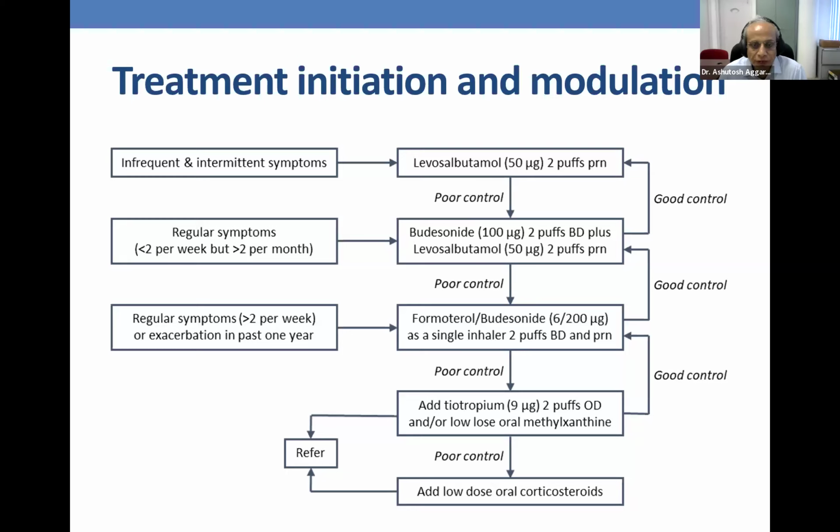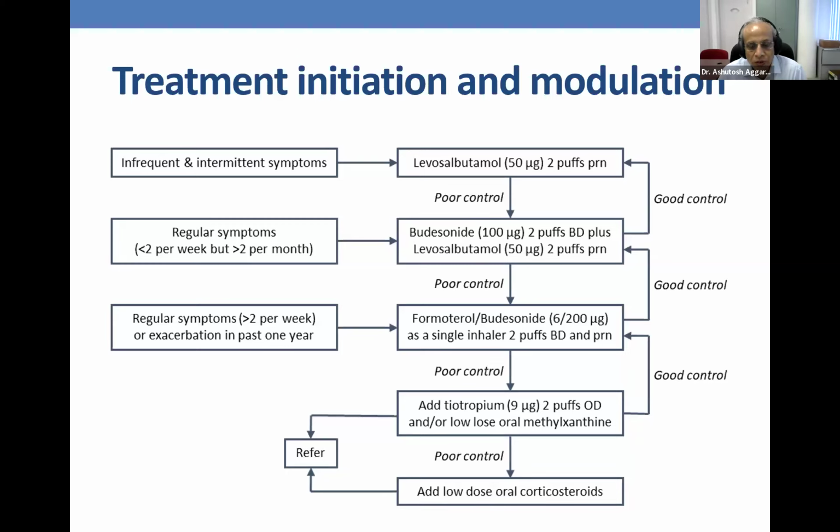At any stage, if you find that the symptoms are poorly controlled, and we have just discussed how control can be assessed, then the treatment can be escalated to the next level. If the patients are inadequately controlled on the standard dosing of inhaled corticosteroid and long-acting beta agonist combination, then we can also add tiotropium to the treatment.